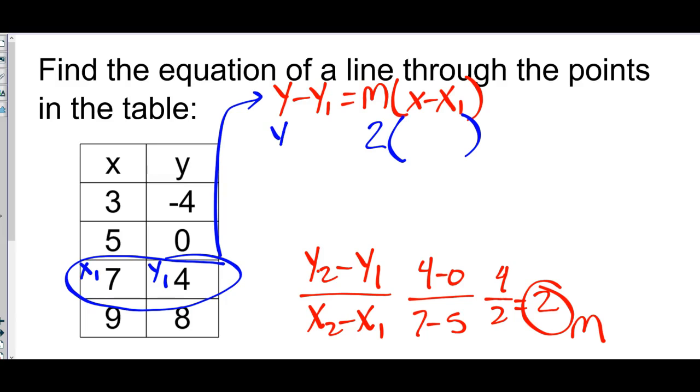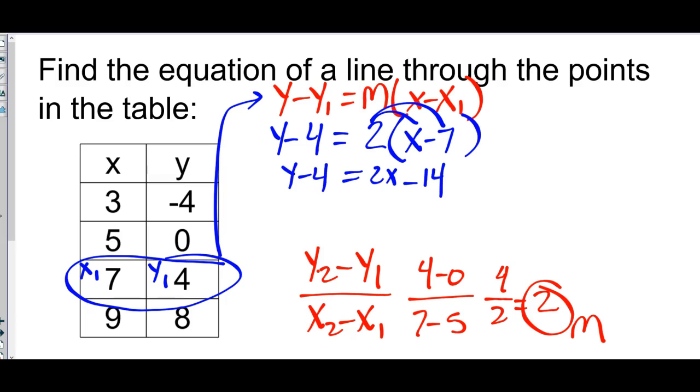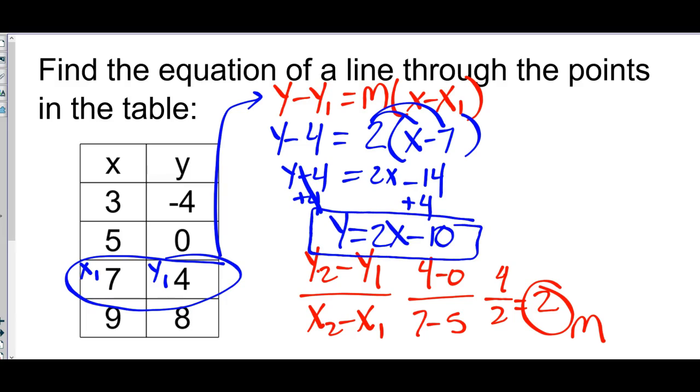I'm going to say y minus 4 equals 2, parentheses, x minus 7. Distribute: 2x minus 14 equals y minus 4. All I need to do is get the y by itself, so add 4. And I have y equals 2x minus 10. That is my equation of a line that goes through this table.